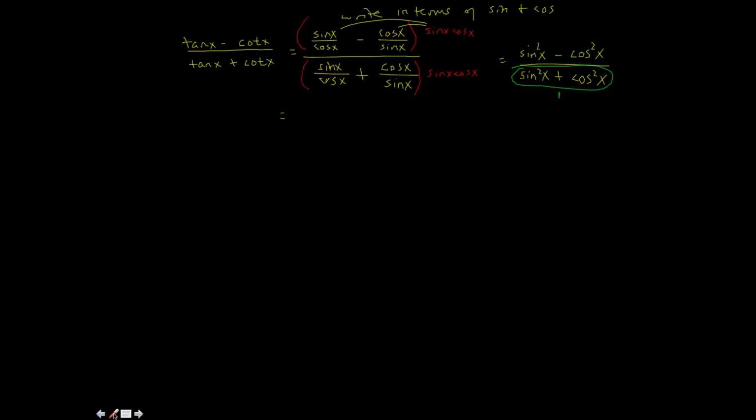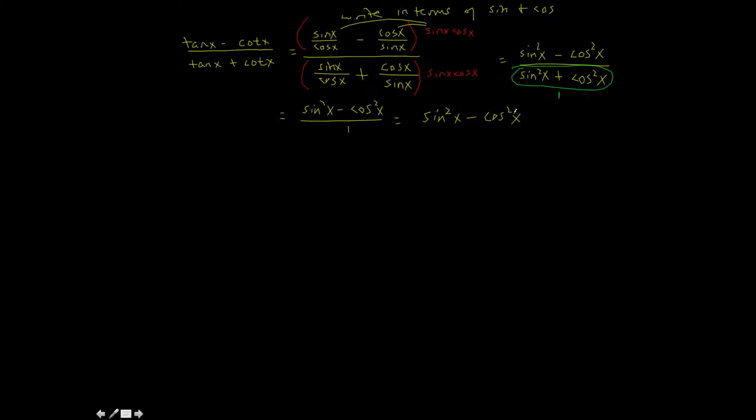So this is really just sine squared x minus cosine squared x all over 1, which is sine squared x minus cosine squared x. Okay, so at this point, you've got to ask yourself, is there any other way I can simplify this anymore?